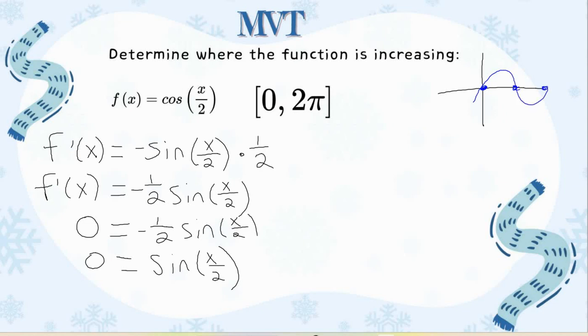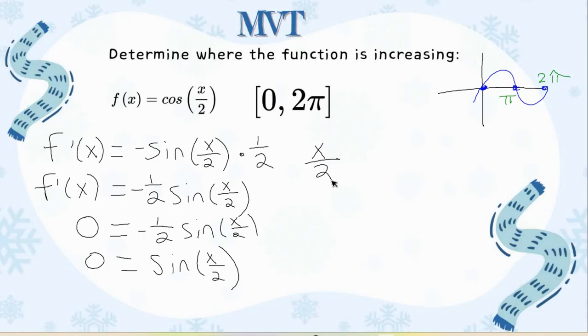Where does it end? 2 pi, and halfway in between is going to be another 0, which is pi. We're okay with that. Where does that graph equal 0? 0, pi, 2 pi. Yeah. And I do have endpoints here, so I'm going to include all those.